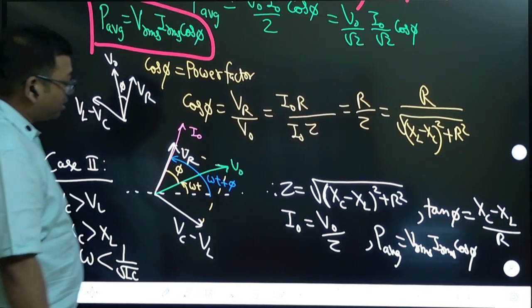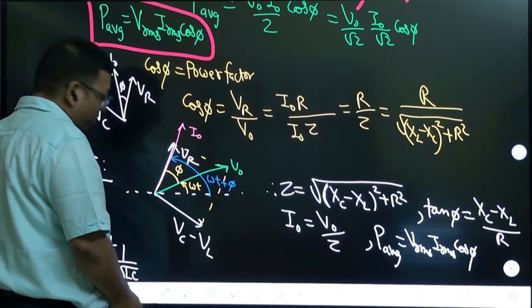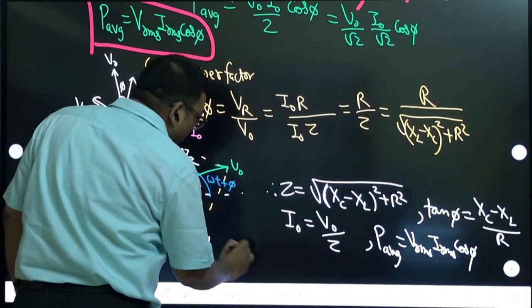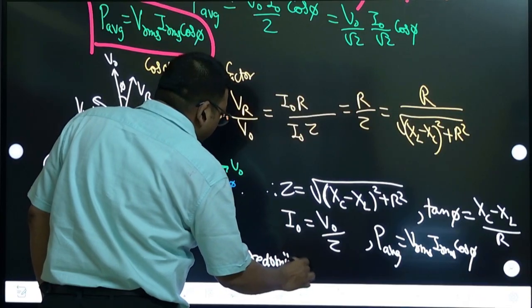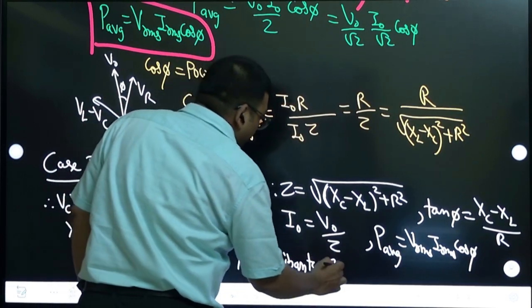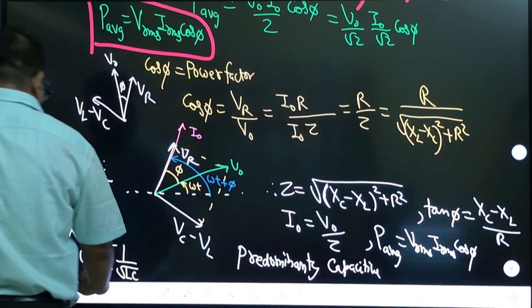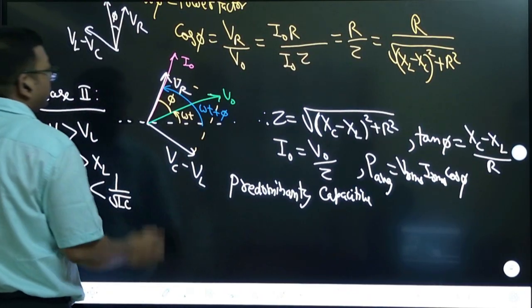So this type of circuit where this XC is greater than XL or omega is less than 1 by root LC, that is called predominantly capacitive. Okay, predominantly capacitive, and you can clearly see that here current is leading, right?